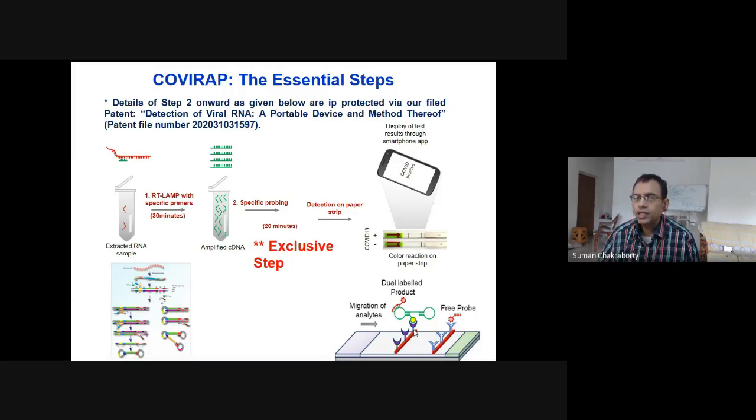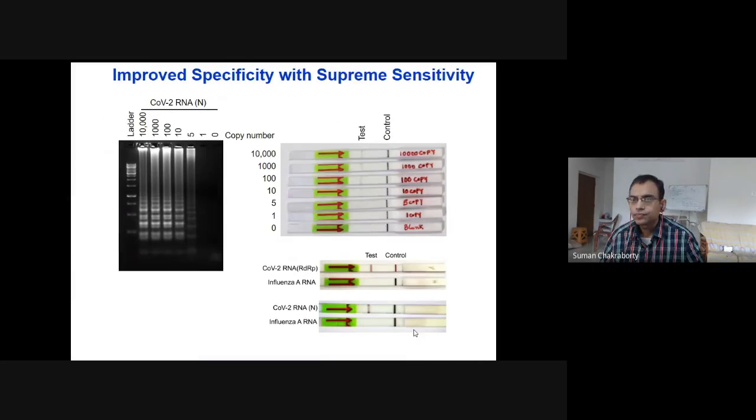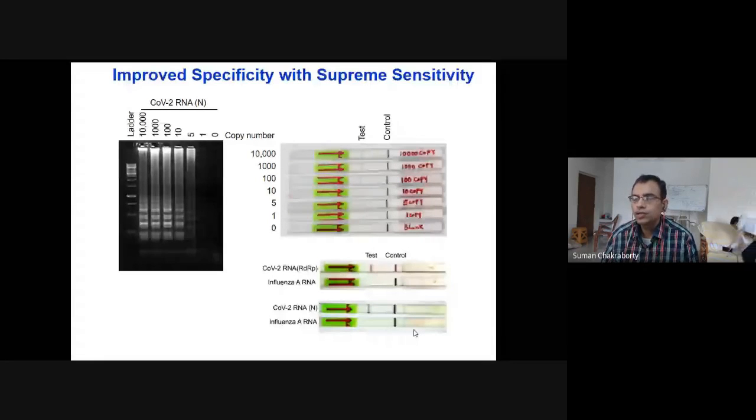The entire objective of this patent disclosure was to come up with a nucleic acid based test which has high sensitivity, high specificity, but can be implemented in a low resource setting outside high-end molecular diagnostic labs.